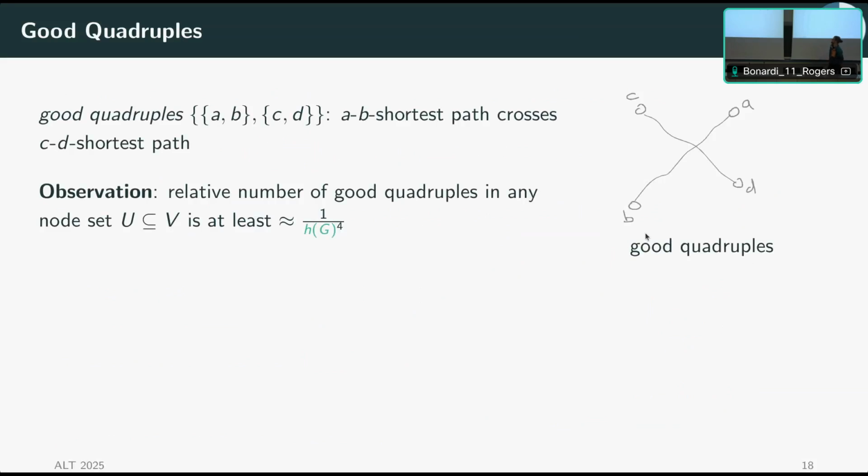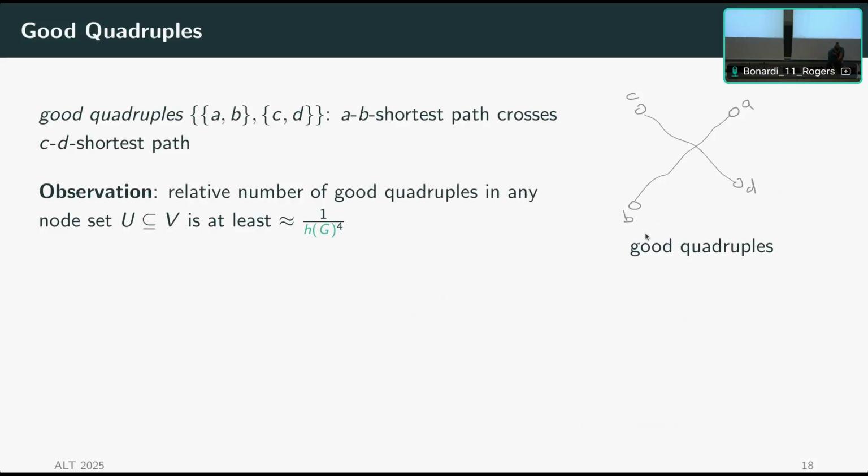We thought about what to do, and instead of looking at this big set of all these very complicated half spaces, we decided to look at a very simple local substructure, which we call good quadruples. These are just four nodes, A, B, C, D, where you have two crossing shortest paths.